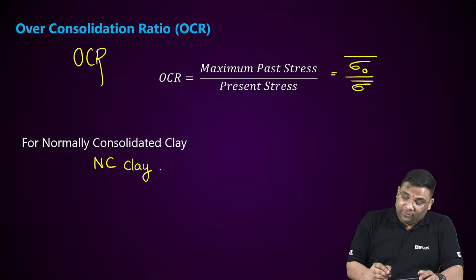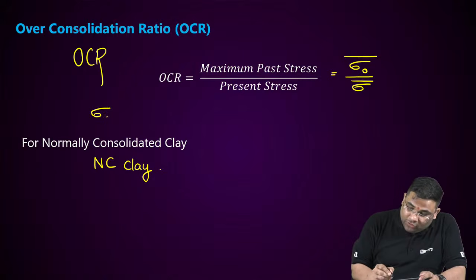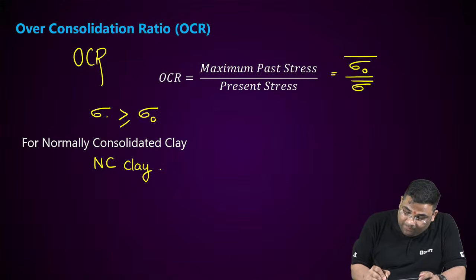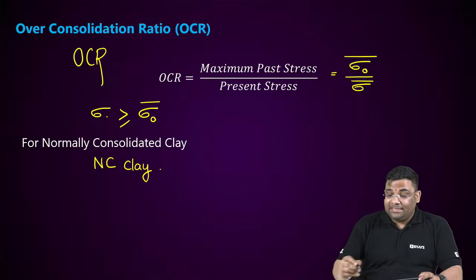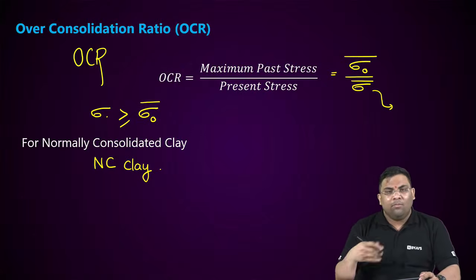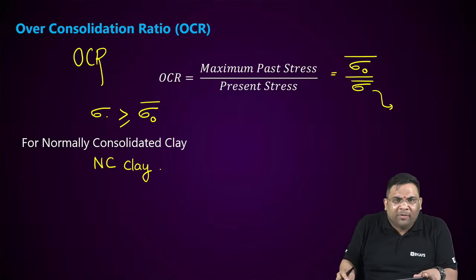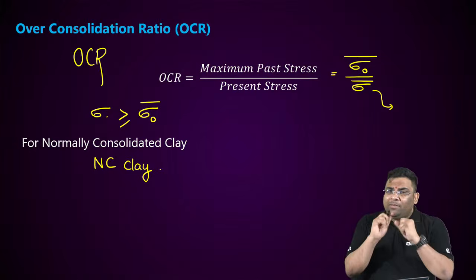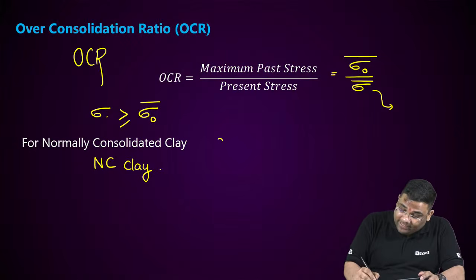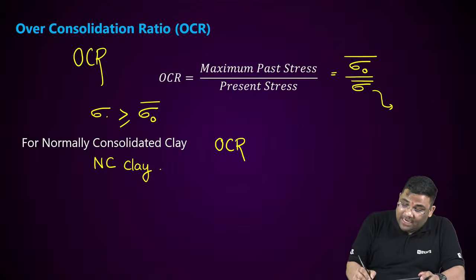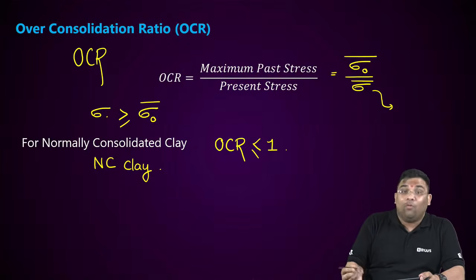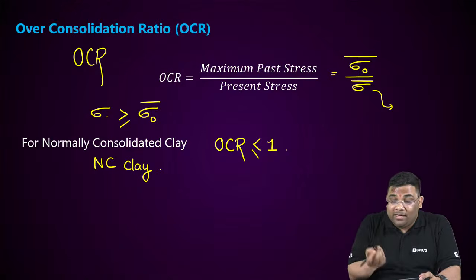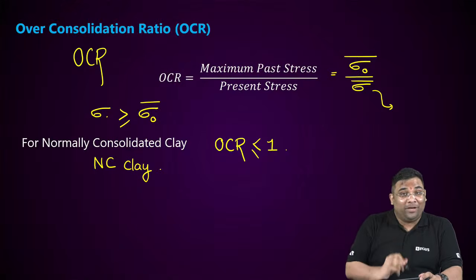Yes, very good. In normally consolidated clay, the present stress is greater than or equal to the past stress. That means the denominator is more than or equal to the numerator, right? Denominator more means the ratio will be less than or equal to 1. So a very important point: OCR for NC clay will be less than or equal to 1. So many objective questions we have seen today, right?